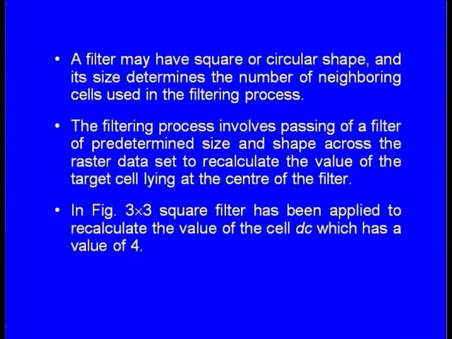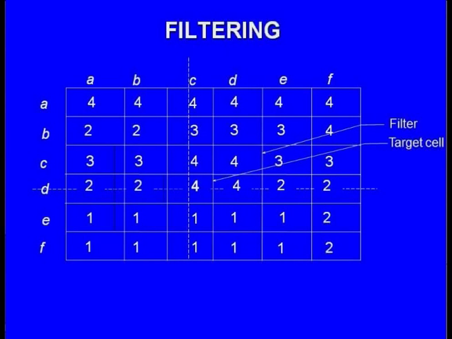The next figure shows a square filter which has been applied to recalculate the value of the cell DC, which has a value of 4. So, what we find is that a filter of a particular size is now placed over the target pixel, and corresponding to this particular configuration of the filter, a new value would now be calculated.